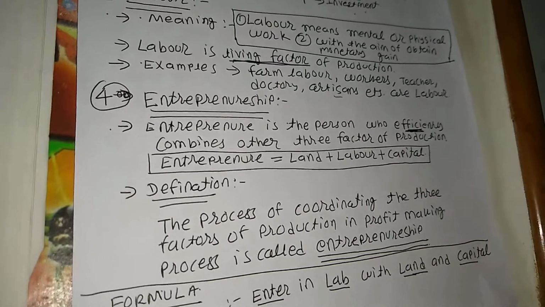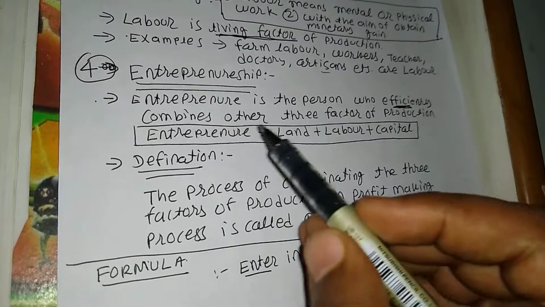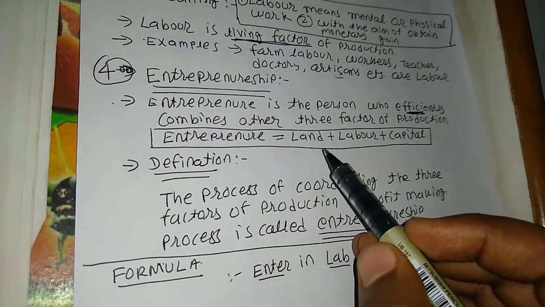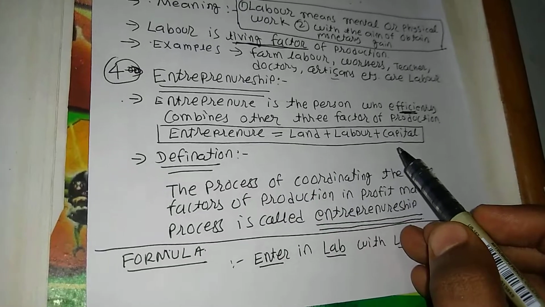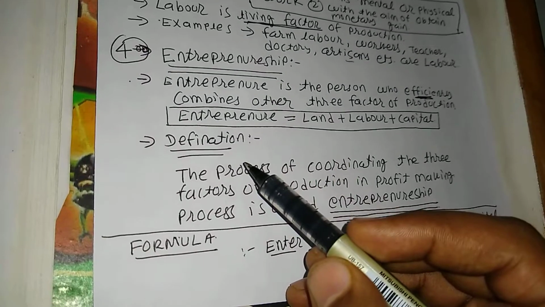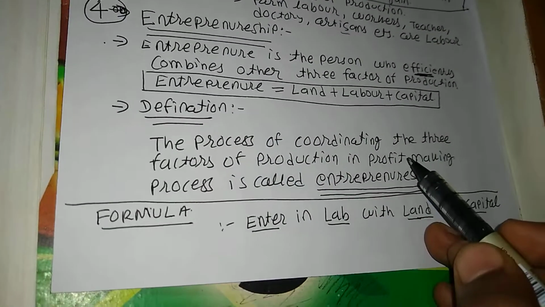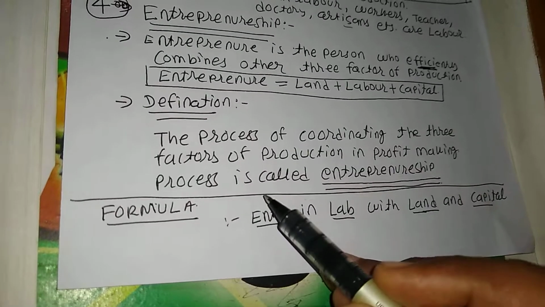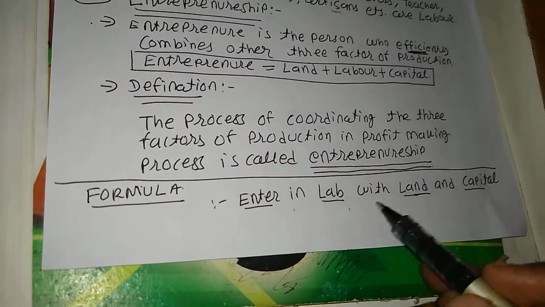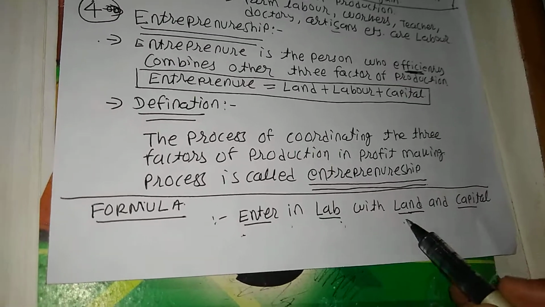Entrepreneurship is equal to land plus capital plus labor. The definition given is: the process of coordinating the three factors of production in a profit making process is called entrepreneurship. Formula: entrepreneur, labor, land and capital.